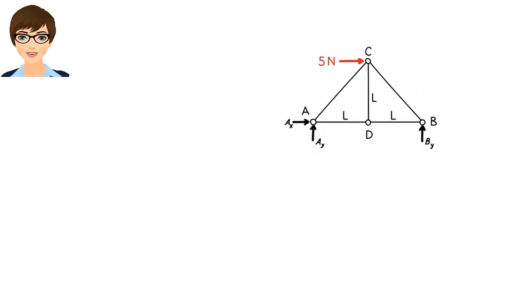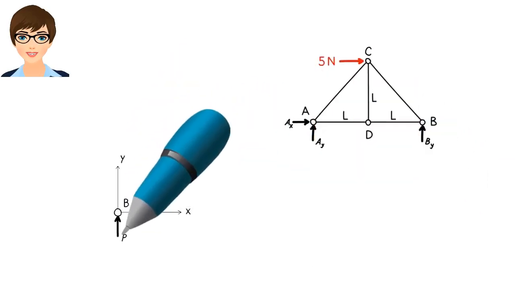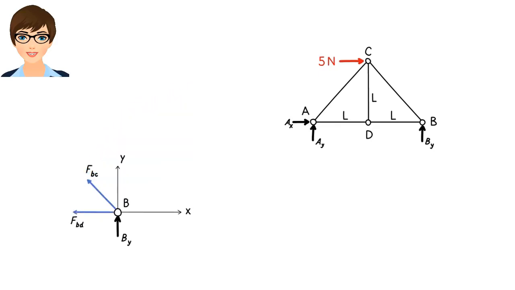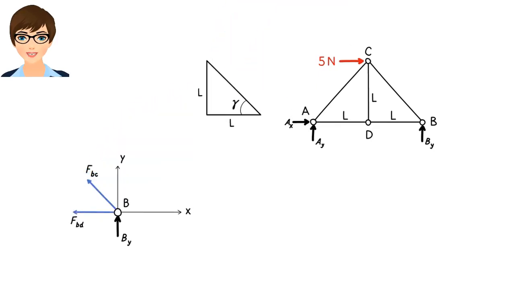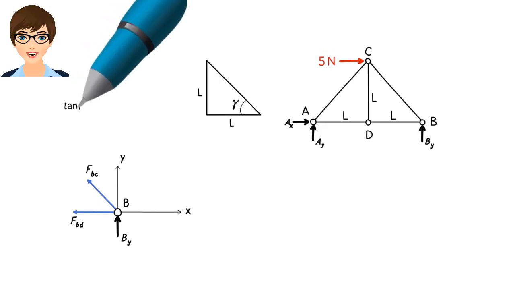Here is joint B. Angle gamma can easily be calculated from the truss geometry. The angle is 45 degrees.